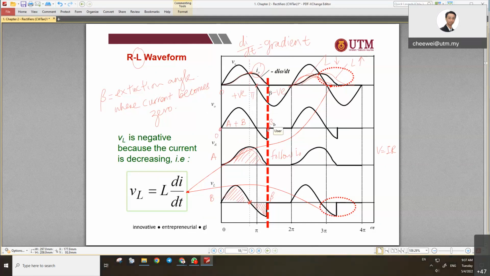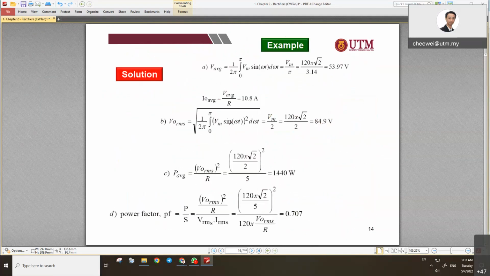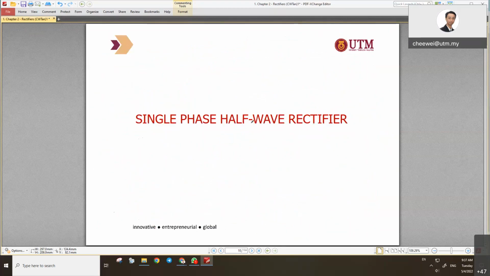You know the two points already. And the V out waveform always follows the sine wave, so you can always draw the dotted line like this. That is the reference.